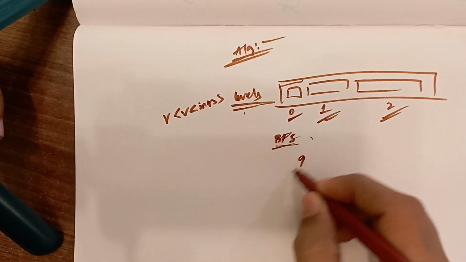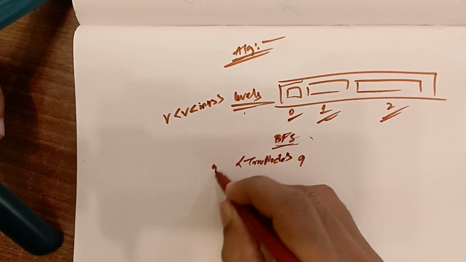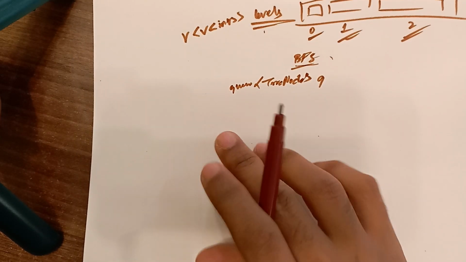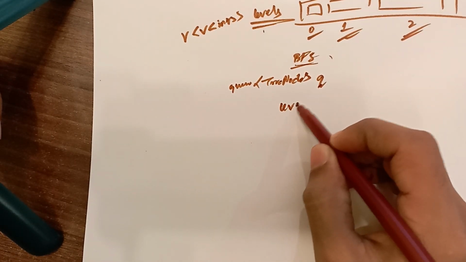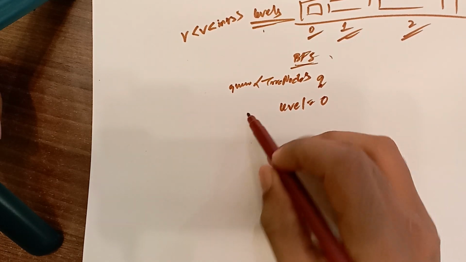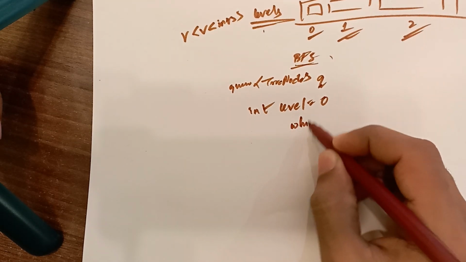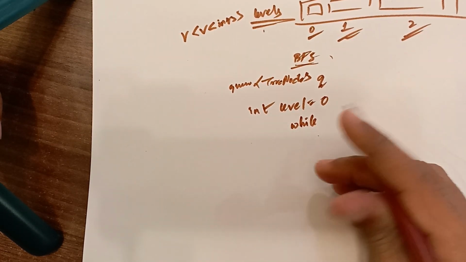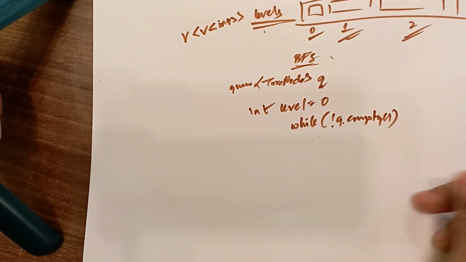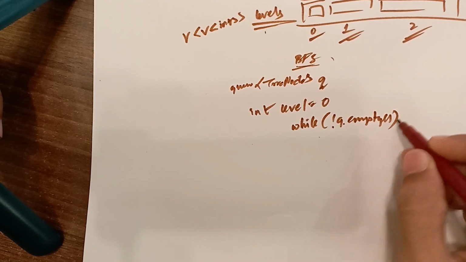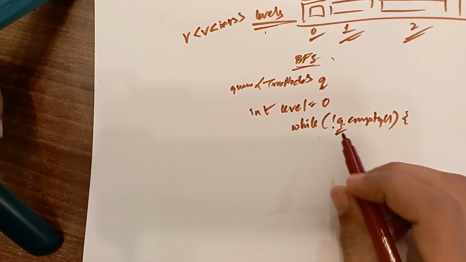So we will be using a queue which takes tree nodes. In this, we start with the first level, level equal to 0. While the queue is not empty, search for the nodes, for the top element.